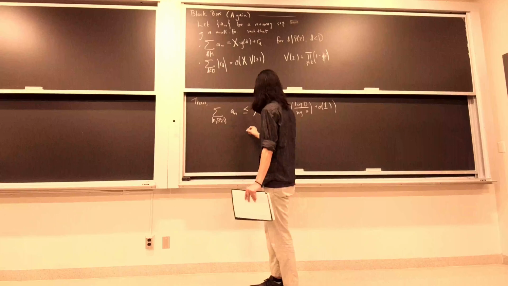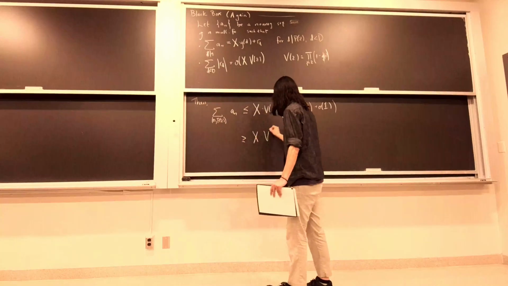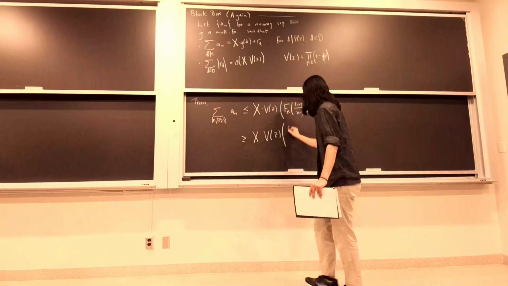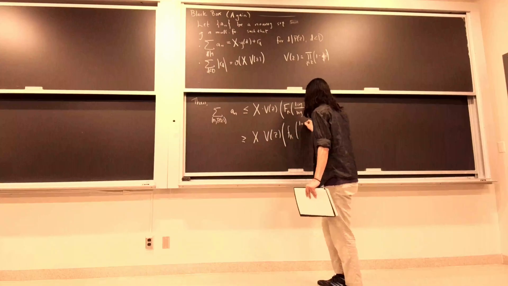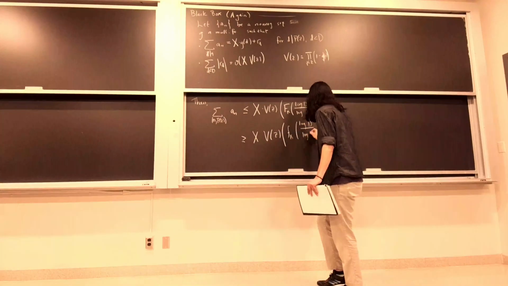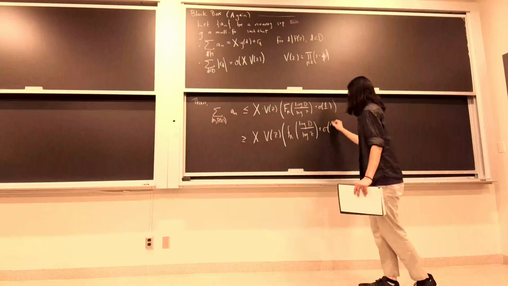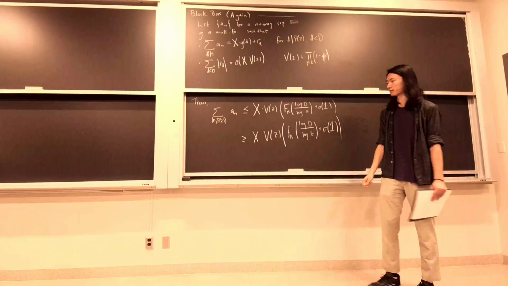You also get a lower bound of something very similar, but with our lower bound sieve function f_kappa of log D over log z. This is the great black box we'll be using.